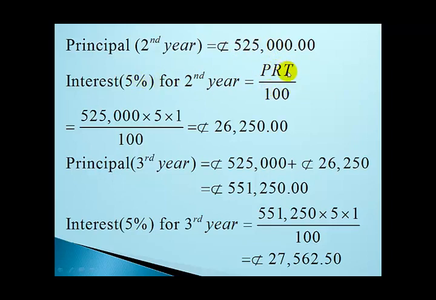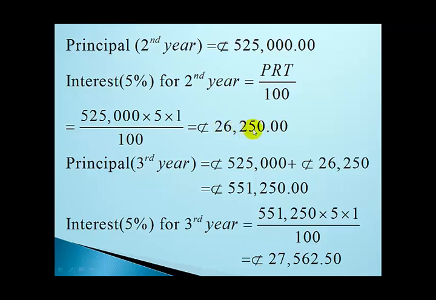So T equals 1. P is 525,000, R is 5, and T is 1, divided by 100. So 525,000 times 5 times 1 divided by 100 is equal to 26,250 cedis.